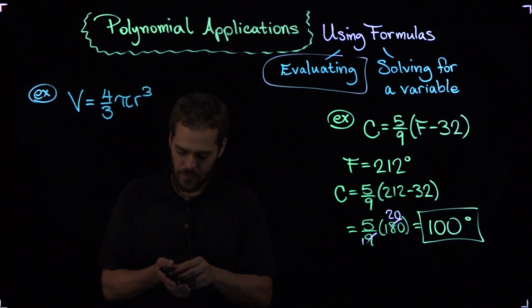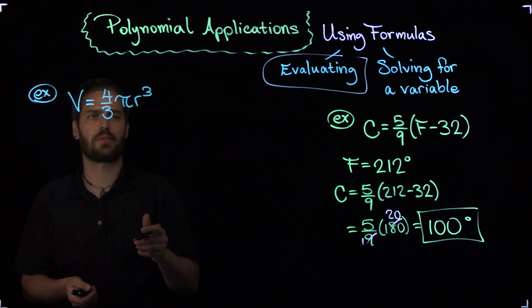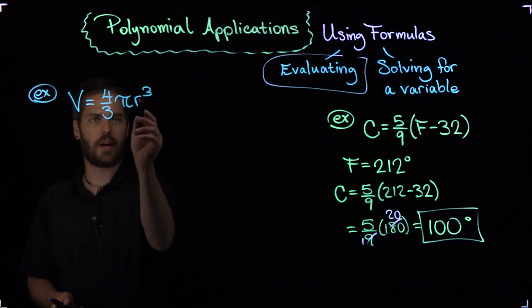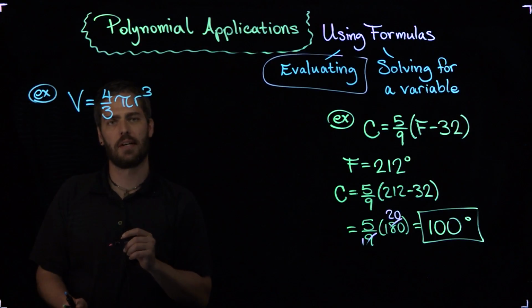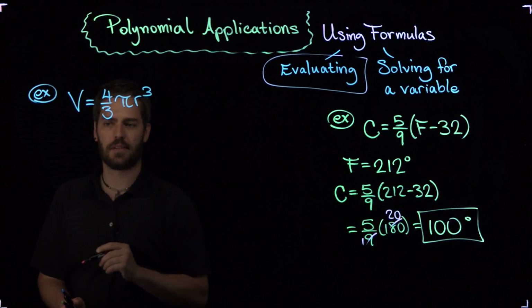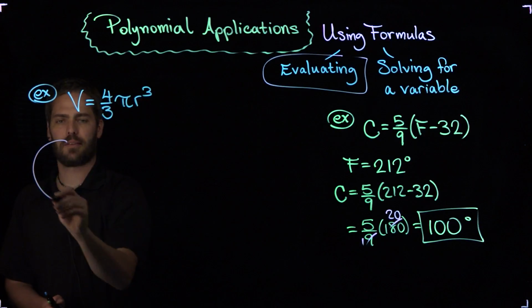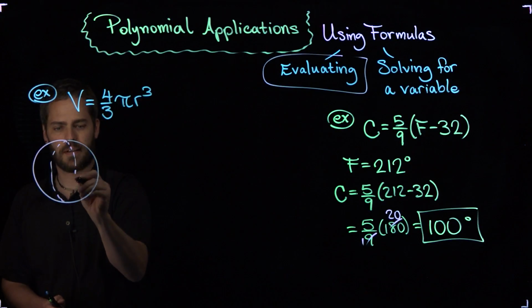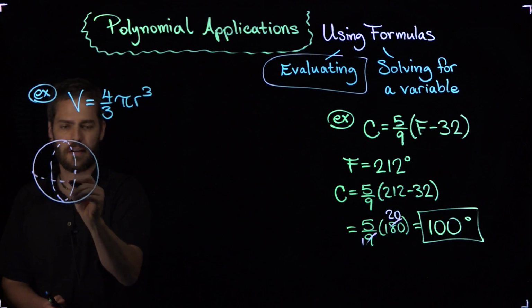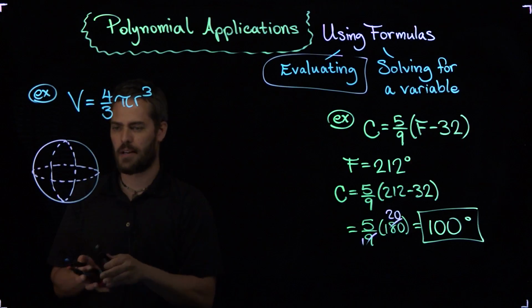But suppose we were given a radius. That's what the r is. That's all we need to know to compute the volume of a sphere. Let me just draw our little sphere real quick. Something like this. Trying to draw a little three-dimensional sphere. It's not that good, but something like that.